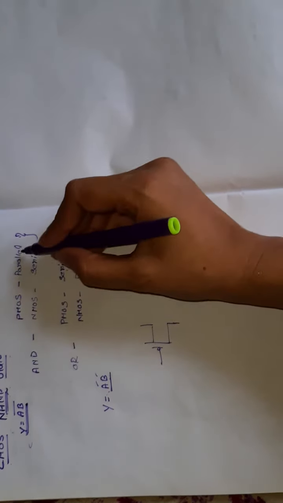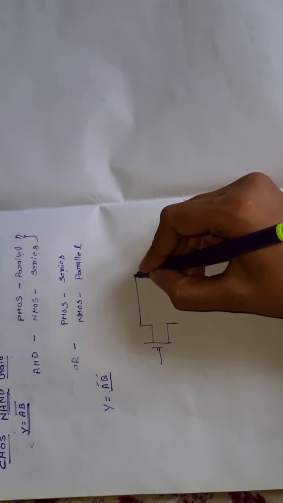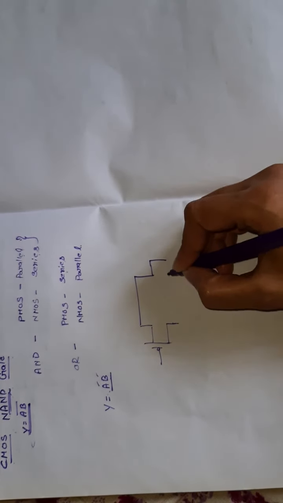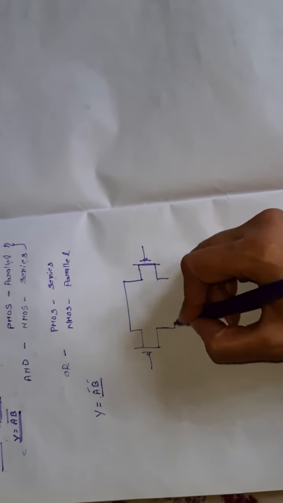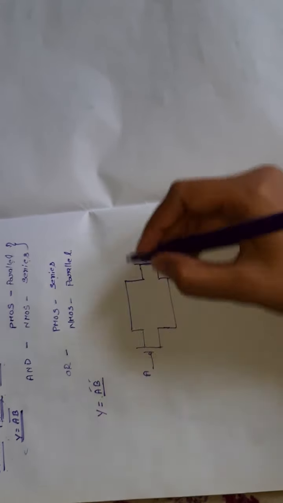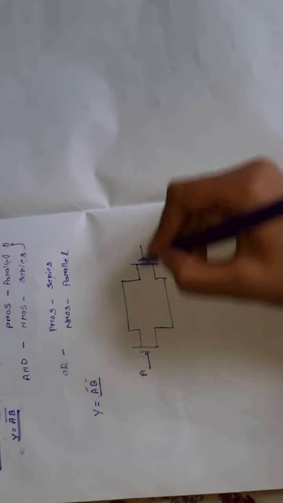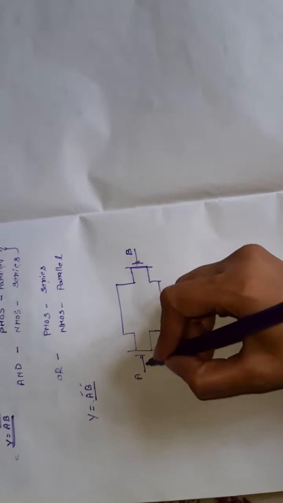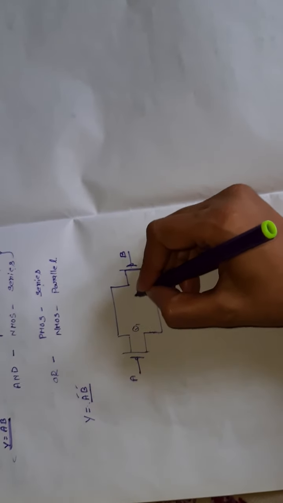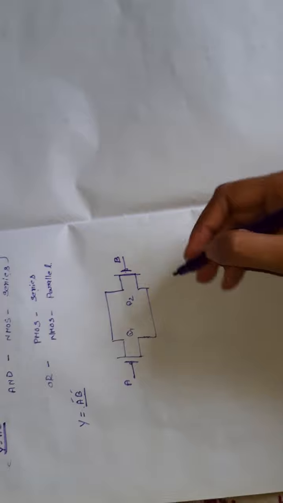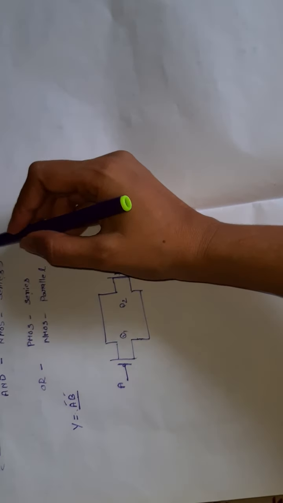So the PMOS transistors should be in parallel. I am indicating the inputs A and B, and I am naming the transistors Q1 and Q2. So the parallel combination is over.